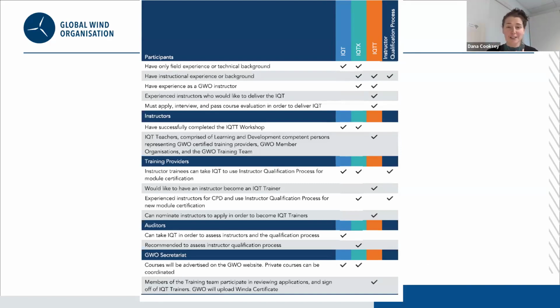Or I'm a very experienced instructor and I want to deliver IQT. Where do I go? So we are working on landing pages and information specifically that will be on the website to help answer those questions and get you the information you need to move forward with these processes. So this is actually the exact same information from the last chart, just done differently.